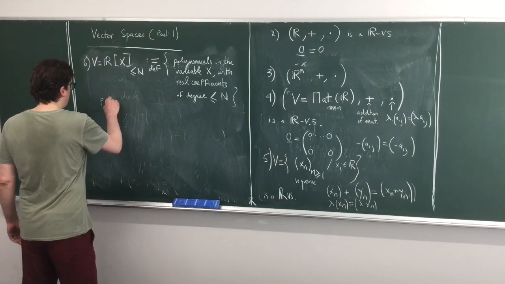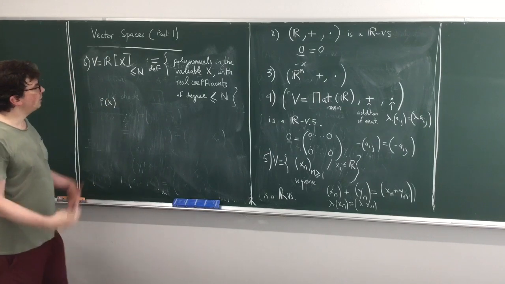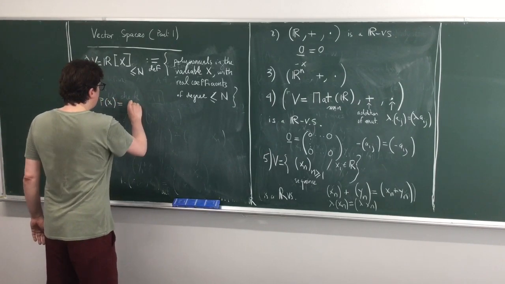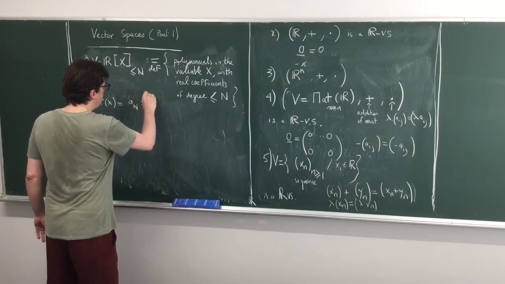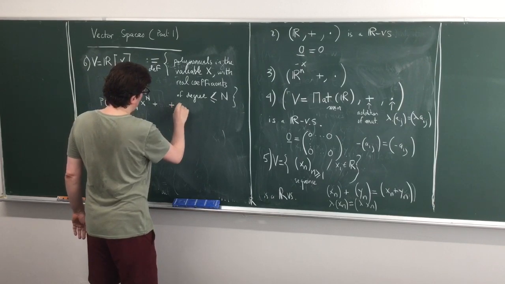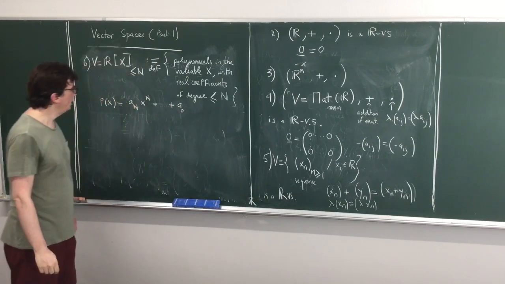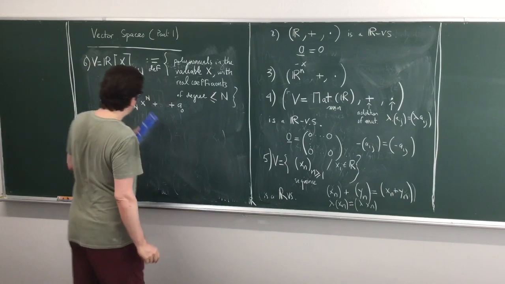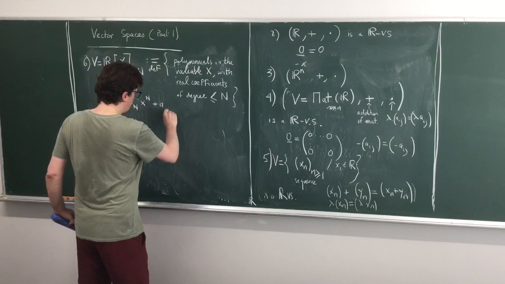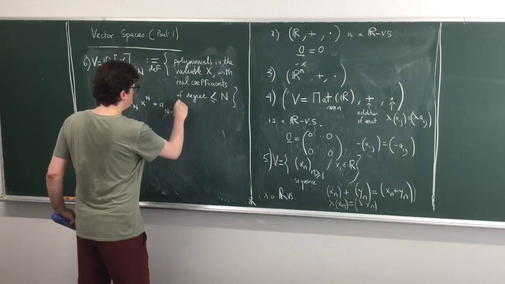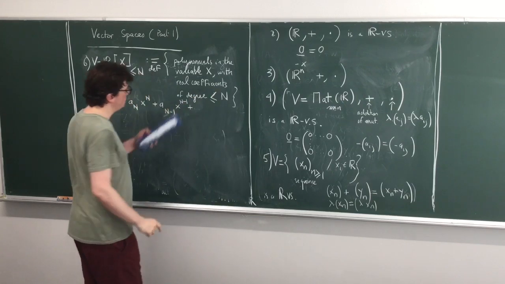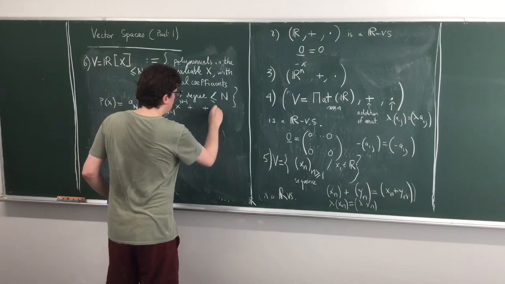I'm going to call it P(x). In general, such a polynomial can be written as a_n x^n plus ... plus a_0. Let me write the second term here. The second term is a_{n-1} x^{n-1}. Then you decrease the degree, and this will be a_0.